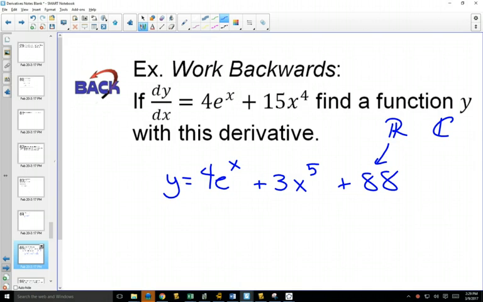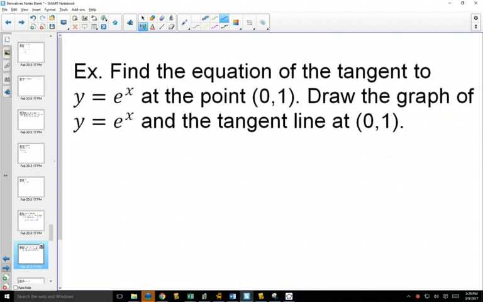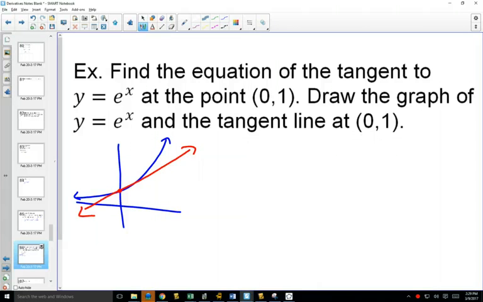Ooh, fun. Okay. So find the equation of the tangent line at the point 0, 1. This is what our original graph did, right? Our original graph started with that one point at 0, 1 and drew that tangent line right there.